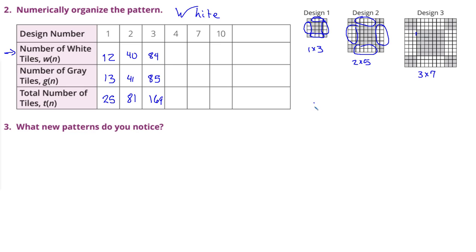And so if I was to predict on design number 4, it would be a 4 by 9. This first number always seems to match your design number. It wants us to do it in terms of n, so we can call that n.